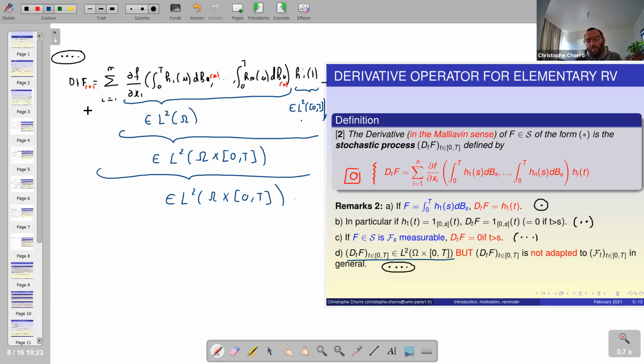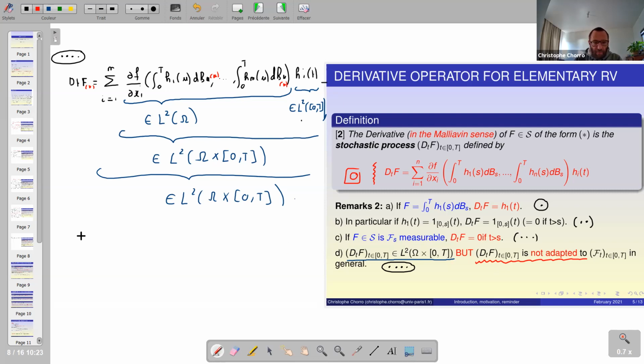A remark that is important is that even if I have a process that is square integrable, in general, it is not adapted to the Brownian filtration.